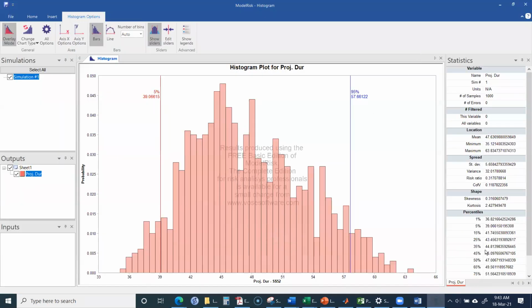This data shows us that 1,000 samples have been used, and out of these, the mean value was 47.6. That means if this project is simulated 1,000 times, the average duration of the project will be 47.6 days.